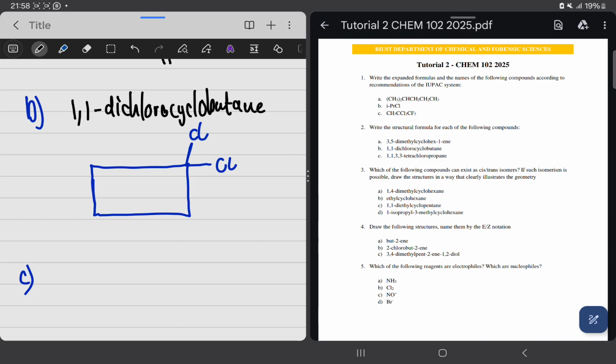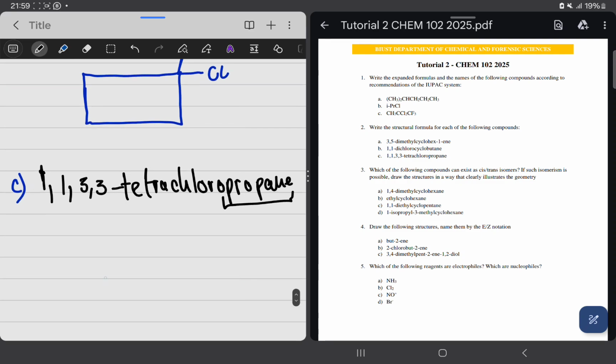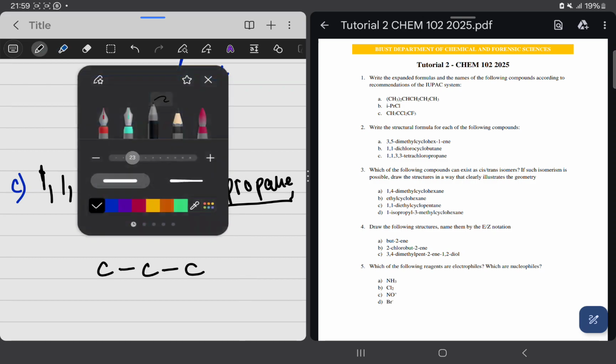Now we do C, which is the last one, which is 1,1,3,3-tetrachloropropane. So we start with the parent chain. It's a propane. So it is 1, 2, 3. Okay? 3 carbons.